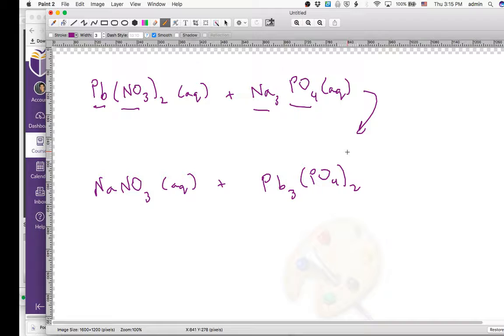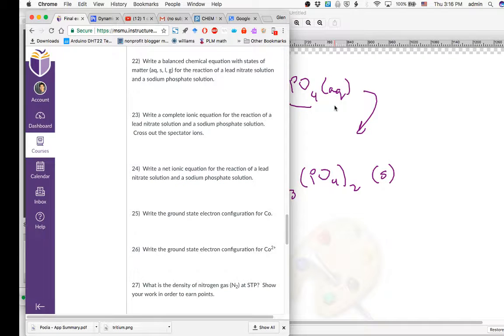The solubility rules will be available for you on the first page of the quiz. This happens to be the case that phosphates are usually not soluble. Phosphates with transition metals like lead are not soluble, and so then this is a solid. It's important that you write the S for solid there, and on the other ones AQ for solution, because the problem says AQ, S, L, G. You have to write those to identify the states of matter.